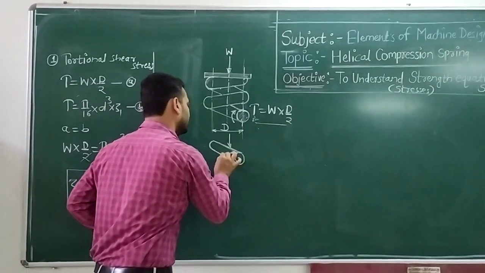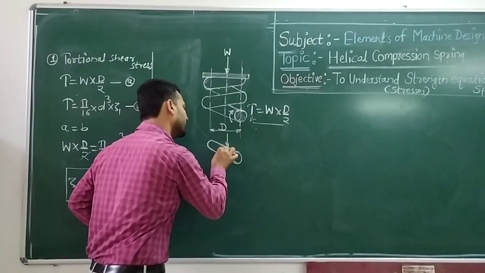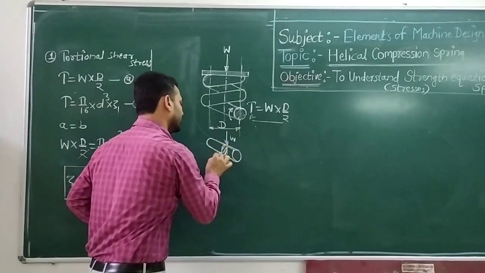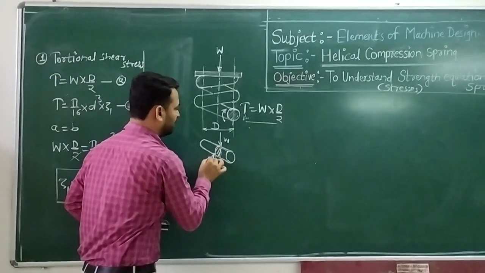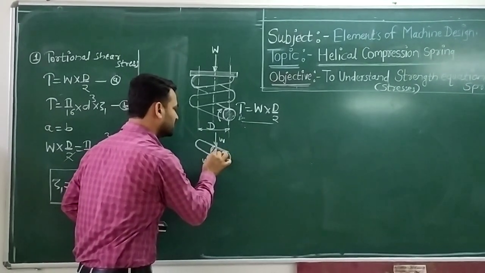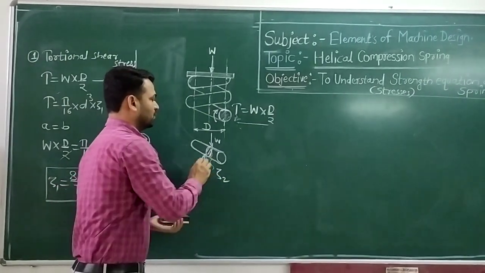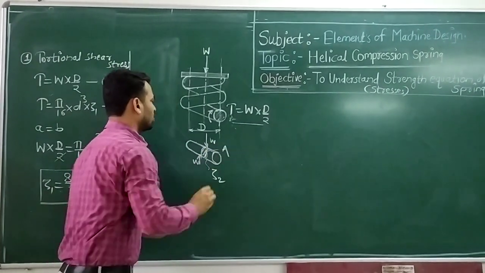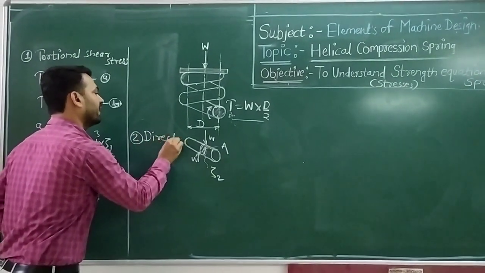Whenever a load is there, it will oppose. So on this particular area, when an equal and opposite load acts on a component, shear stress will develop. So this is a direct shear stress, tau 2, and this is the area. So second, direct shear stress.